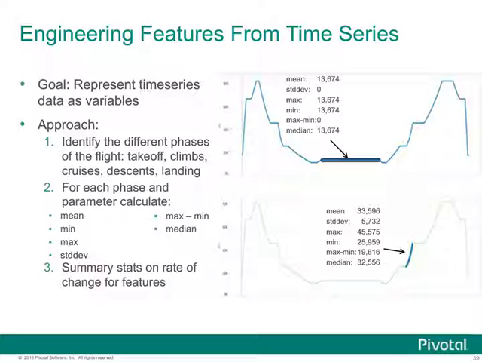Each flight, like you saw earlier, has different climb, descent, and cruising phases. So for each of these phases, we first identified each phase and then calculated different statistics during those windows, such as the mean, the min, the max, standard deviation, and so on for the time series in that given window. And then we also took the summary statistics on the rate of change of the parameters within those given windows.